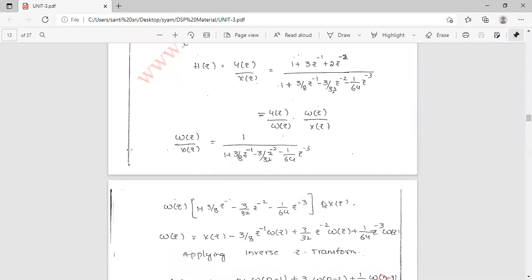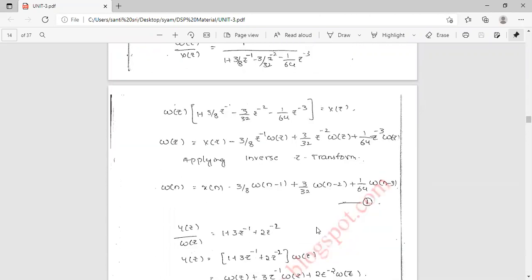So by cross multiplication, we apply the inverse z transform for this one, so that we will get w of n equal to x of n minus 3 by 8 into w of n minus 1 plus 3 by 32 into w of n minus 2 plus 1 by 64 into w of n minus 3.